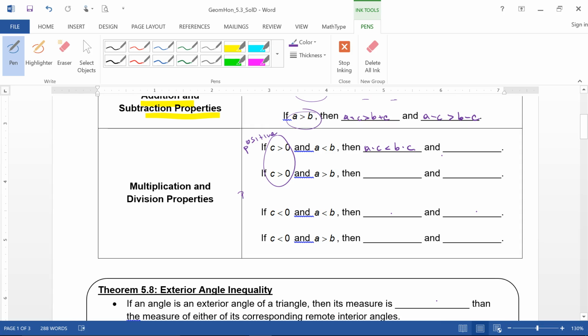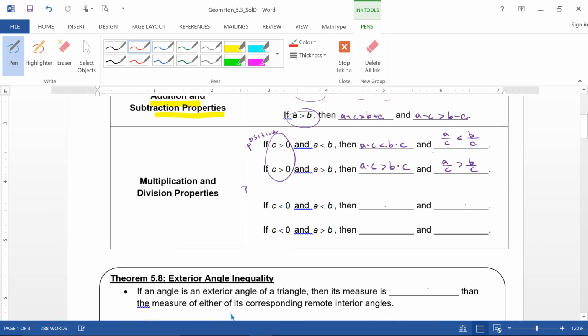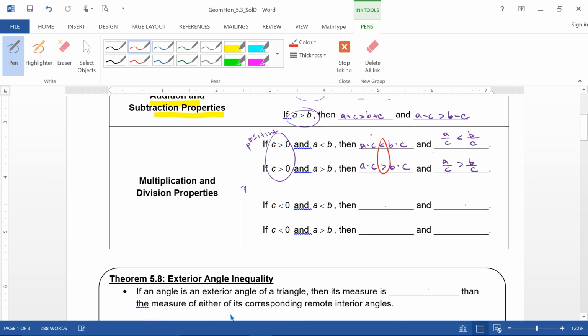A times C is less than B times C. And if you divide, A over C is less than B over C. So you can divide both sides by C. Or, if A is greater than B, let's multiply both sides by C. You get the same thing. So basically, C is positive, and the sign stays the same.